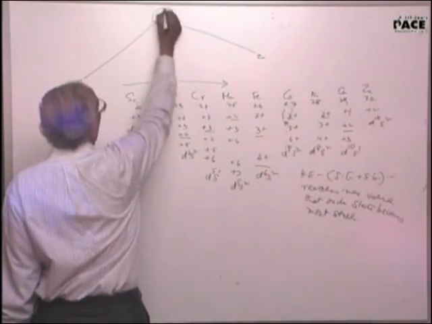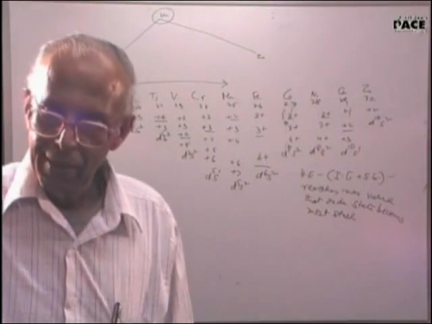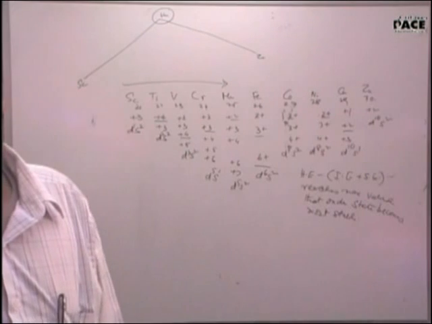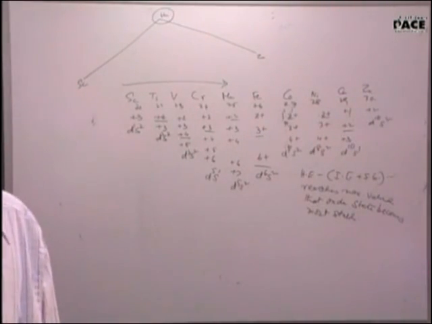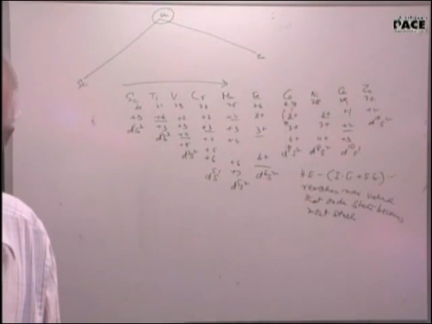When it reaches manganese, you have enough d electrons, 5 d electrons, and by that time the imperfect shielding by the f electrons has resulted in an increase in effective nuclear charge.